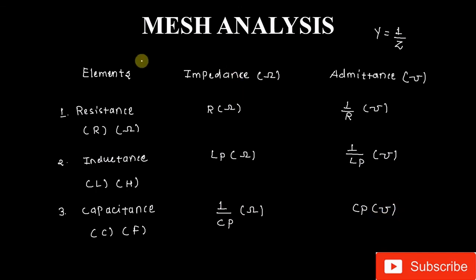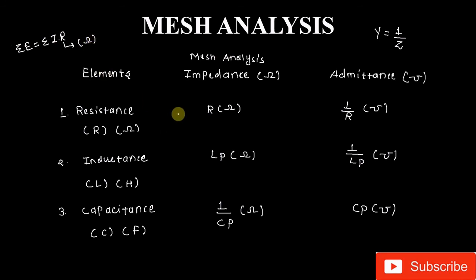So when we use mesh analysis, we will use these impedance values, because it depends upon Kirchhoff's voltage law. According to Kirchhoff's voltage law, the algebraic sum of E is equal to the algebraic sum of IR, where R represents the ohmic value.